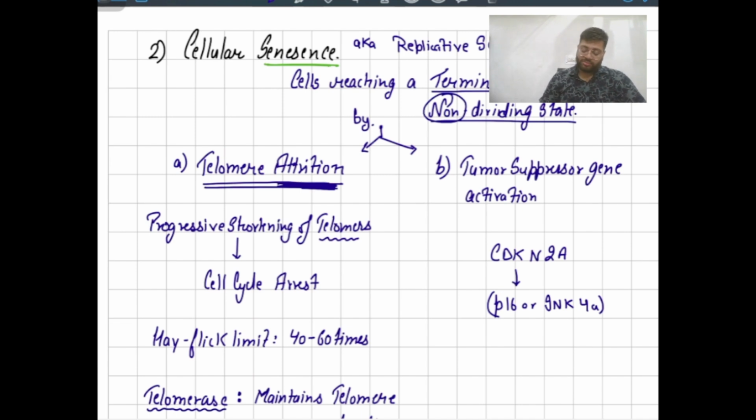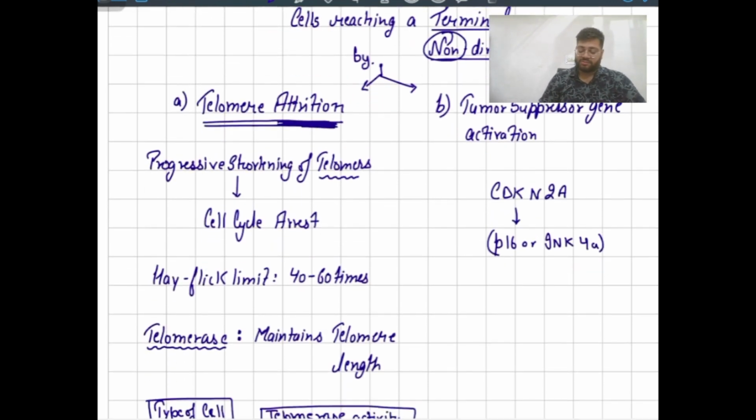The first is telomere attrition, that is progressive shortening of telomeres. First we should know what telomeres are. If this is a chromosome, at the last joining point, the base pairs at the last point form a band which we call the telomere. They are useless bands; they don't code for anything.